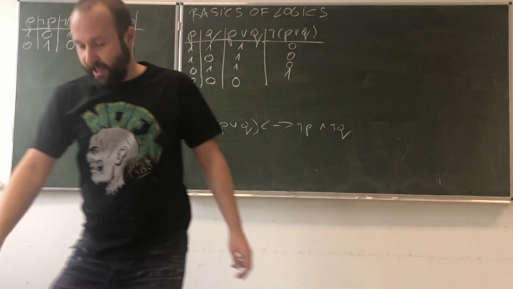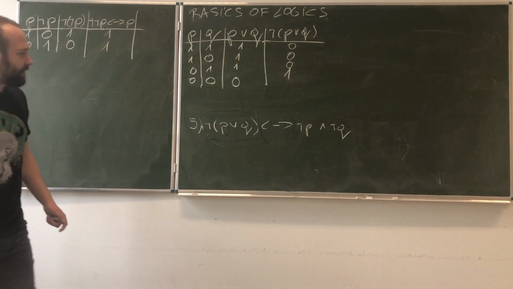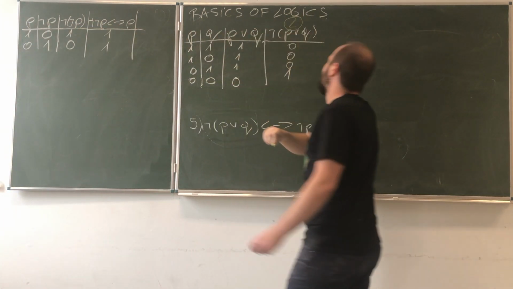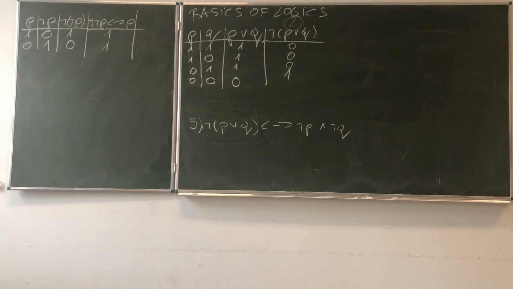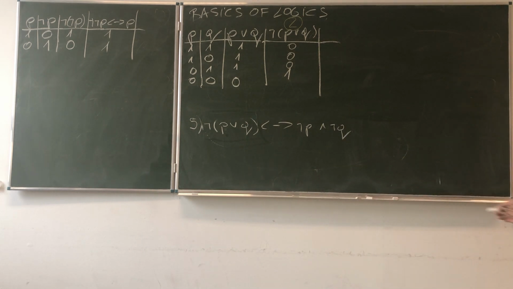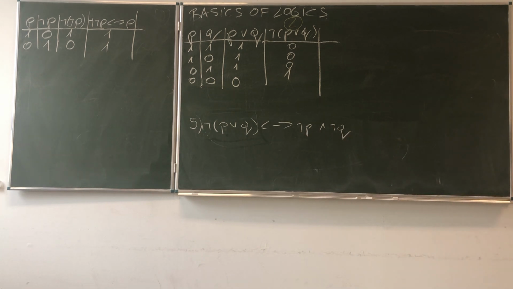And look, because those tables are usually getting pretty big, the good thing to do is to say that this will be called the left-hand side of the biconditional. Okay, now, what else do we need to do? We need to deal with the right-hand side, but also we're going to start with very simple statements.